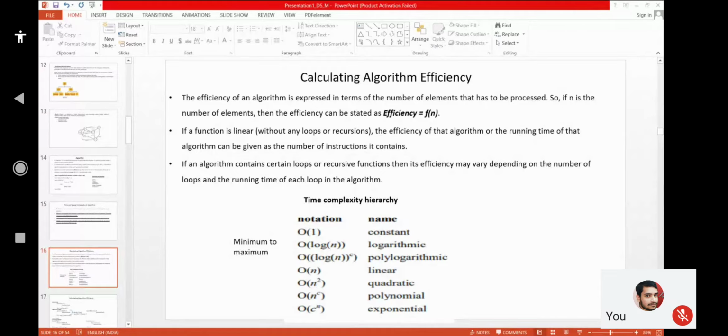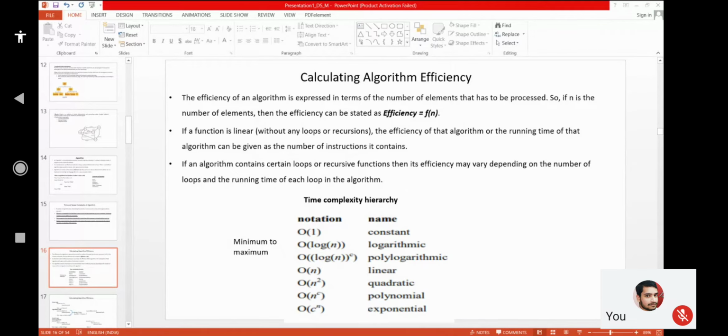So here the hierarchy is from minimum time to maximum time. Order of 1 means constant time; any constant time we can write as order of 1. Next, order of log n takes more time than constant. After that, polylogarithmic, and after that, linear.